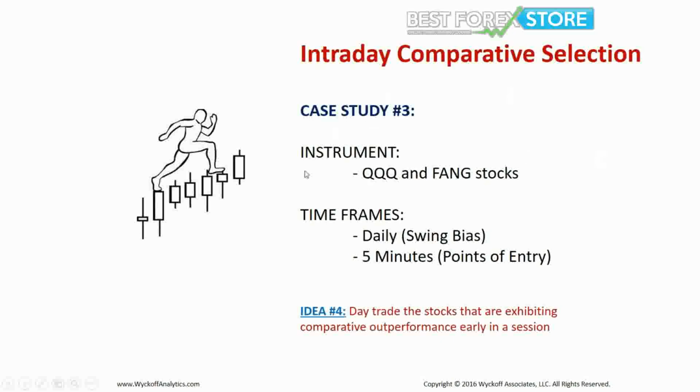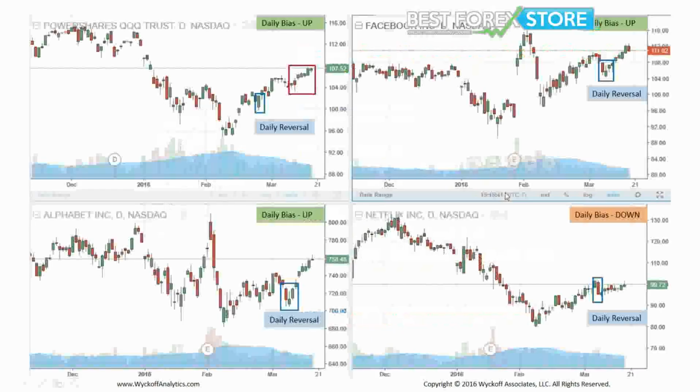The instruments we're going to look at: I'm using the market proxy NASDAQ 100, Qs, and I'm using all 4 stocks here. Was it 4 stocks? Did I use 4? Facebook, Amazon, Netflix. I think I'm using only 3. Yeah, I can't use all 4. So Qs, Facebook, Google, Alphabet, and Netflix.